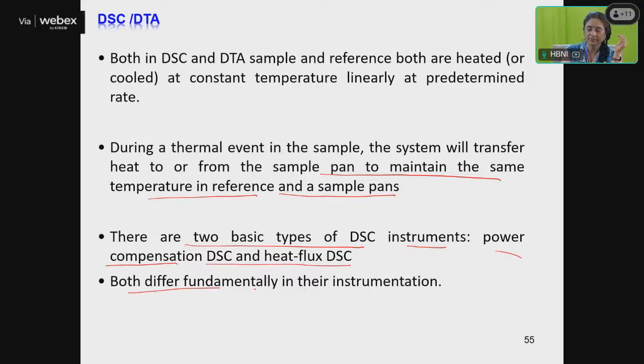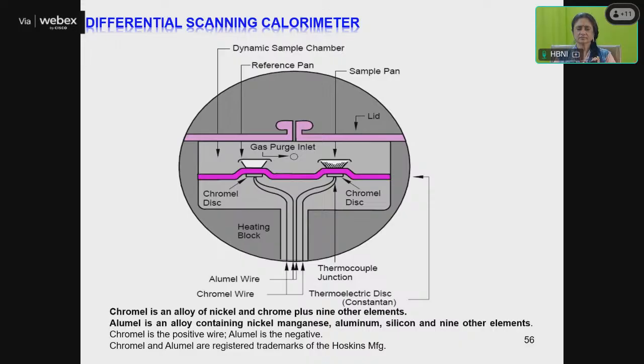Both differ in their instrumentation and principle, but they always tend to match the temperature with the reference sample, and therefore whatever heat is lost or gained will be the signal that comes to you. So this is a typical differential scanning calorimeter.